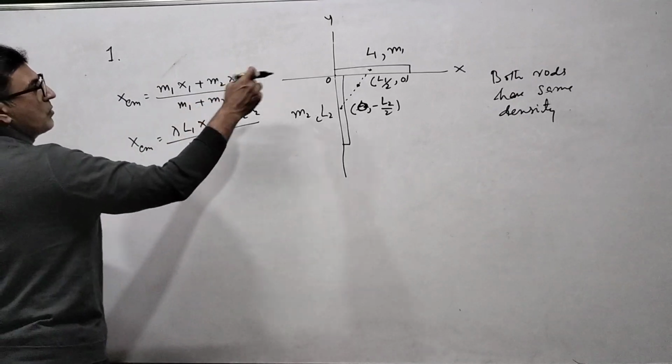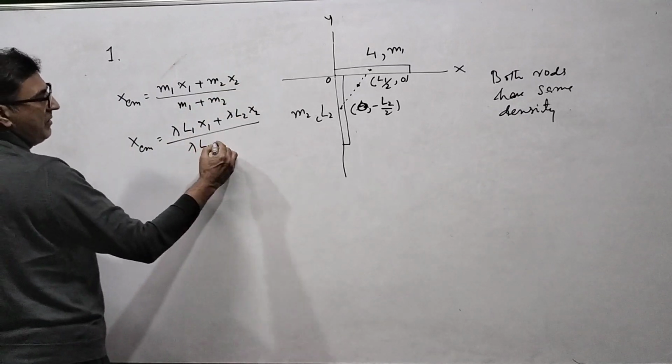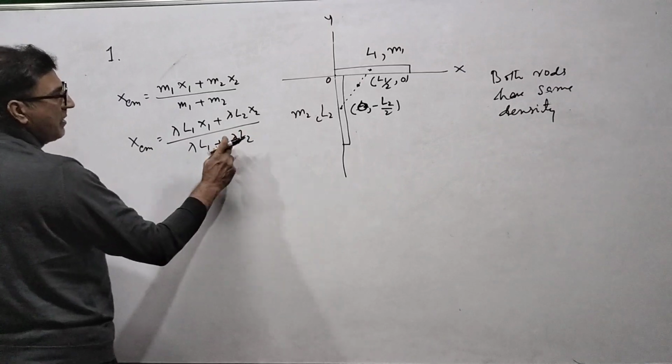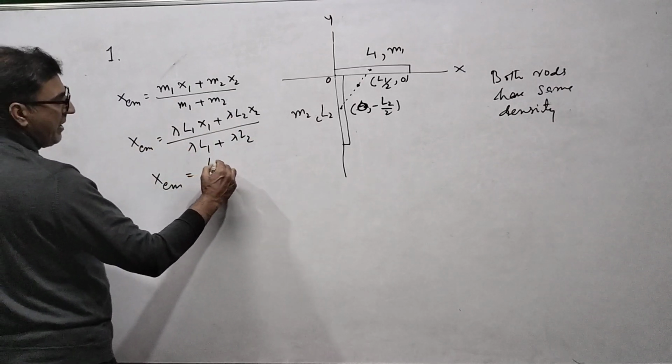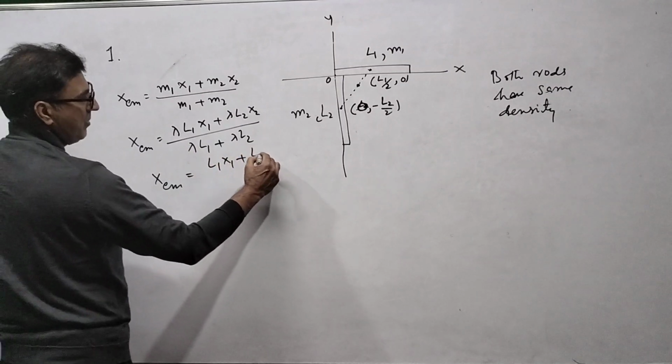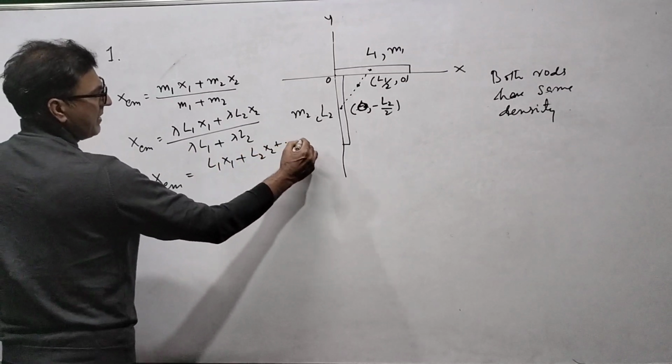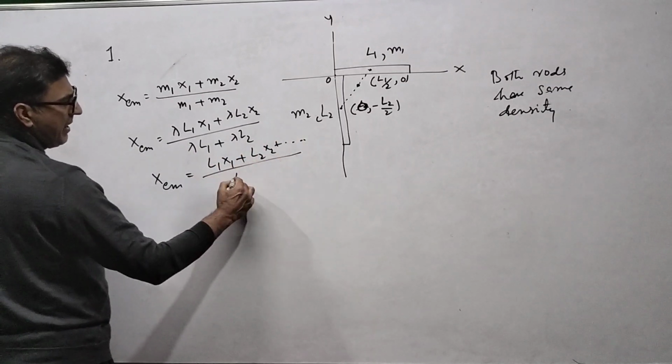Lambda gets cancelled everywhere. XCM is equal to L1 x1 plus L2 x2 plus maybe other rods, by L1 plus L2.